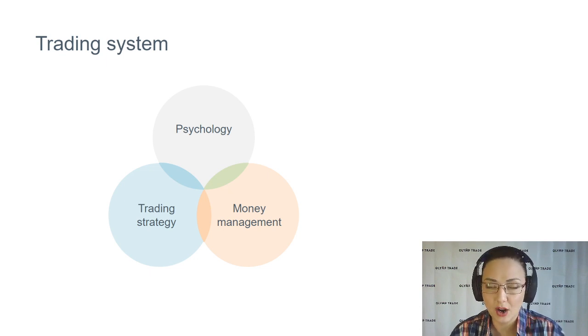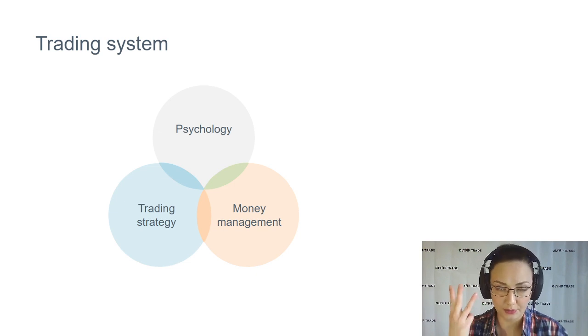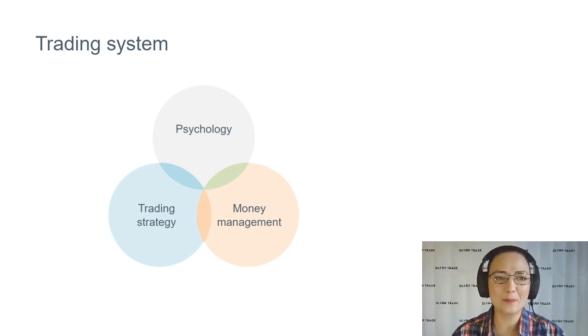All of these are crucial to understand and to have in order to have a proper trading system. The trading strategy is basically the trading algorithm that we follow. It could be, for example, whether we're looking at some specific indicators, whether we use technical analysis, or if we combine technical and fundamental analysis and use them together. So it's like our trading algorithm that we follow.